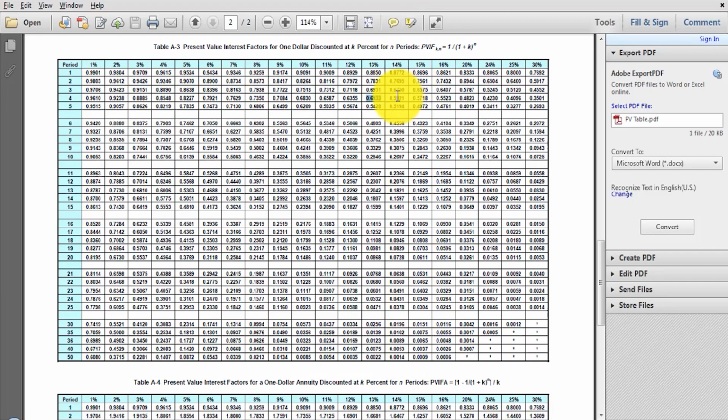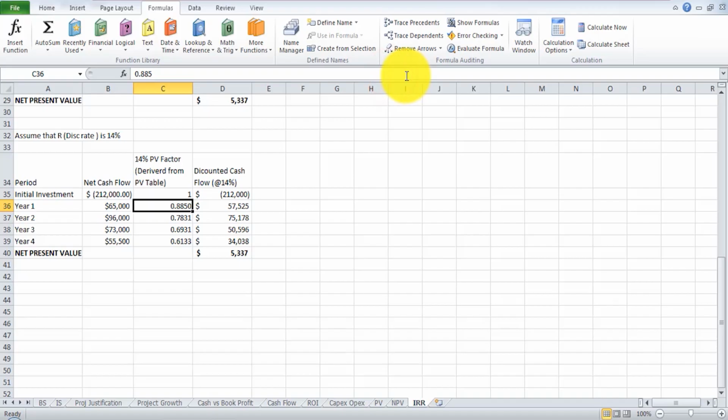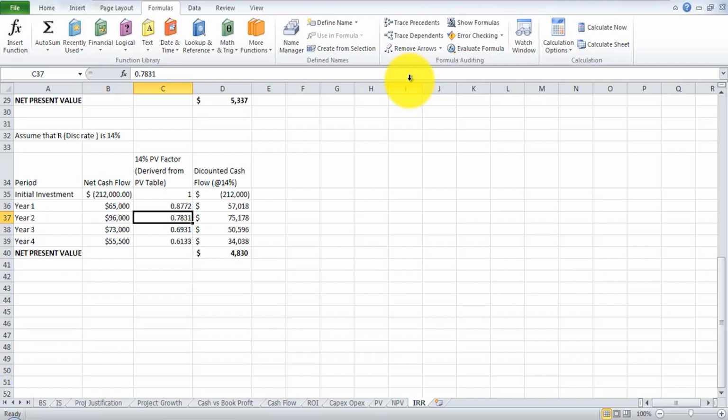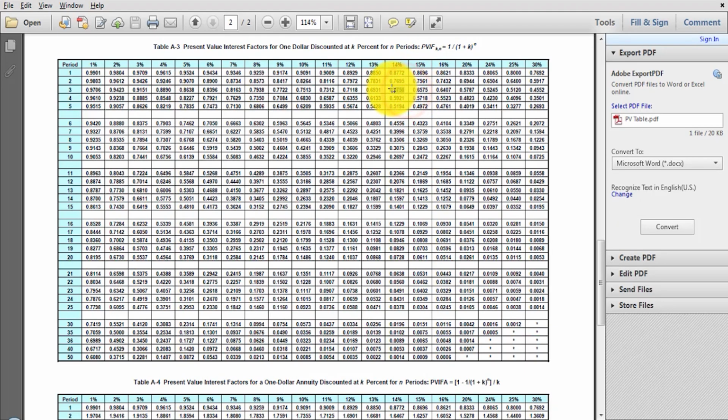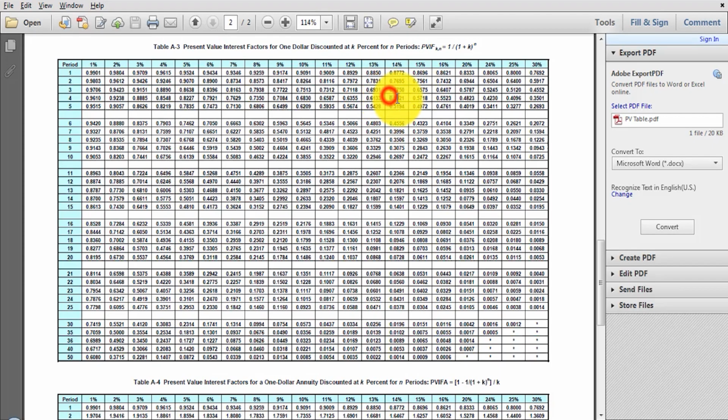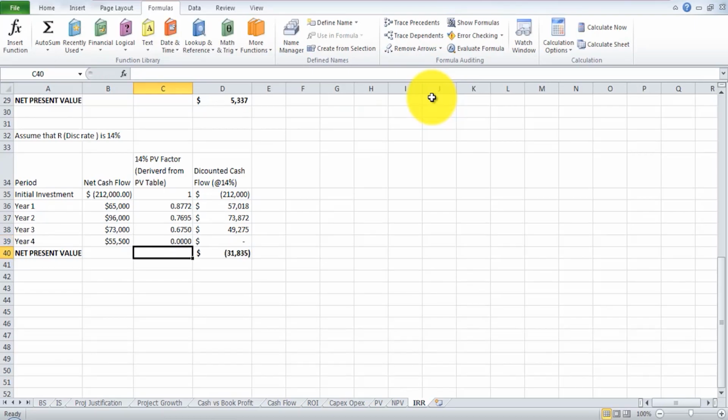You just need to replace it with the dollar values over here. 0.8772 for the first year, 0.7695 for the second year, 0.6750 for the third year, and 0.5921 for the fourth year. Okay, it's 1,027. So this amount is going to be lying somewhere between 14 and 15%.